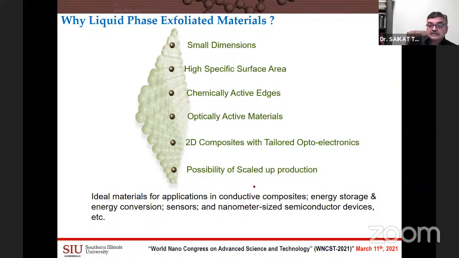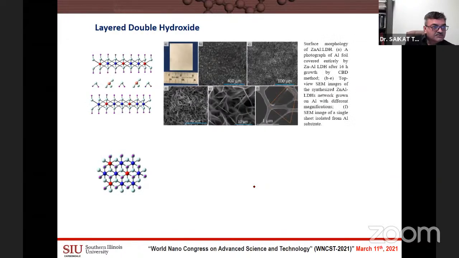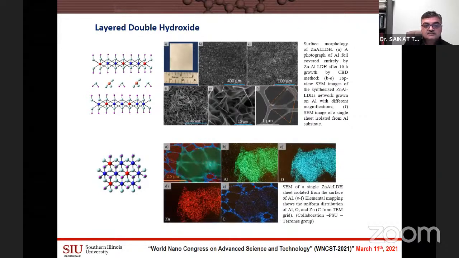And then there is the possibility of growing these materials at large scale. Layered double hydroxides, again, we have seen that through hydrothermal growth processes, you can have thin layers with different sorts of bases: zinc base, copper base, magnetic material base.